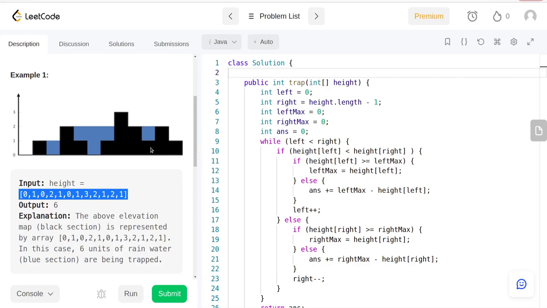But if it is less than the maximum right you have seen so far, then you're going to be adding the difference to the result, and you keep doing this until the left index is no more smaller than the right index.